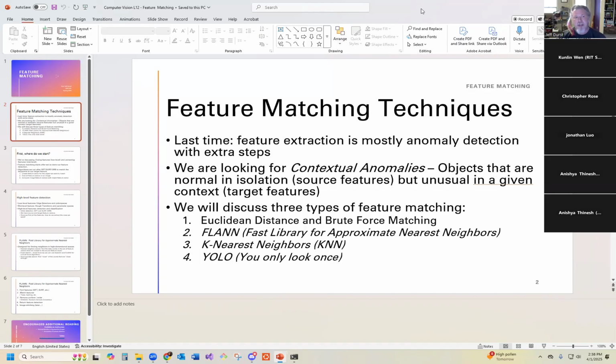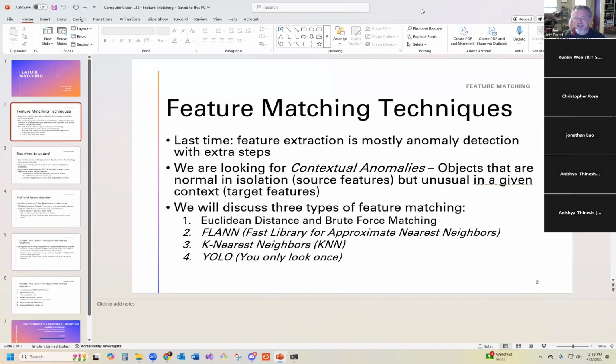Last time we also discussed how most feature detection and extraction is by and large just anomaly detection with extra steps. We want to find things that are different from the context, which for us is the image, so that the feature is different from everything else around it and we can figure it out.